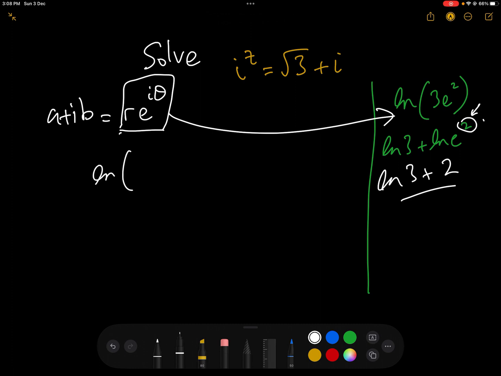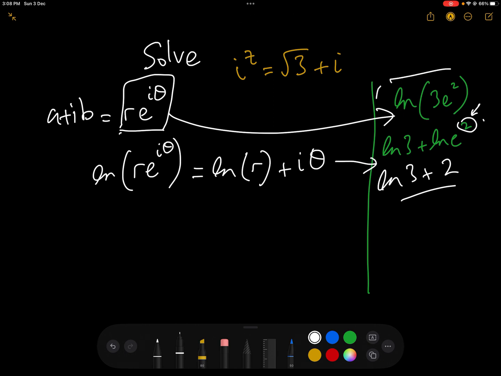So the log of re to the i theta, which is a complex number, is log of r plus i theta, for exactly the same logic as we've just done in this calculation here. So in actual fact, taking logs of complex numbers is extremely simple.